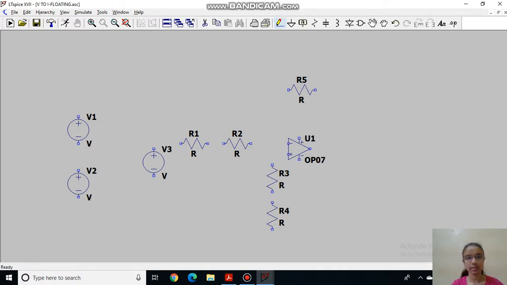Now I will connect all the components one by one with the help of wire. So let's connect the supply voltage. This terminal will be grounded. This is my supply for op-amp, plus and minus 15 volt.